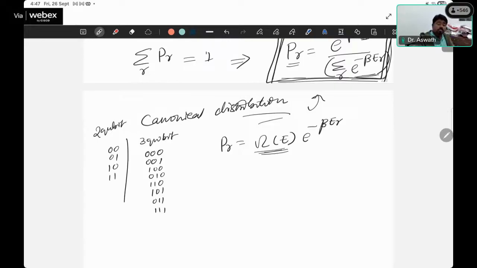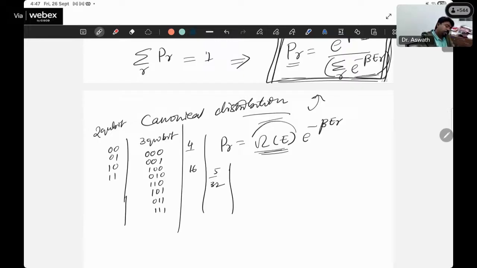So three qubits lead to 8 possible states. Four qubits give 16, five qubits give 32, and so on, exponentially increasing. So this accessible states function is exponentially increasing.